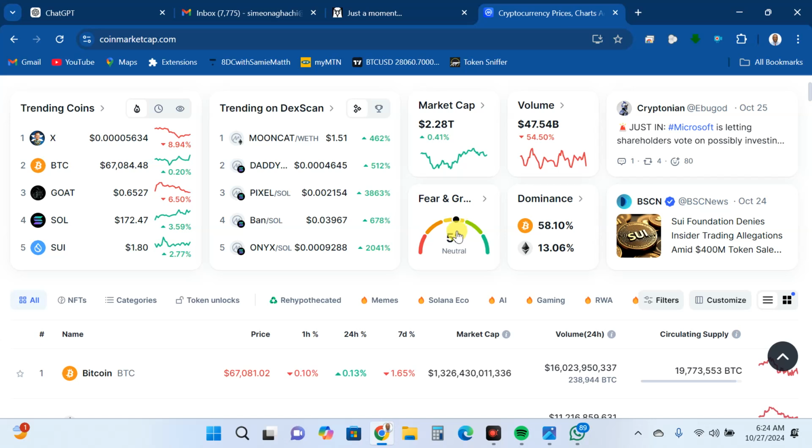Okay. Now, this also helps you to follow the rule in the crypto market where we say sell the news or the highs and then buy the rumor or the lows. Now, when this is to the left hand side, the market is definitely going to be red. Everybody is fearful. Everybody is uncertain. Everybody is scared of coming into the market. That is when you should be looking at buying.